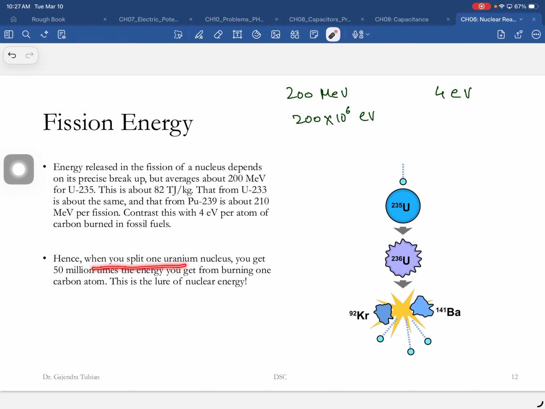That is the lure of nuclear energy. And the biggest thing is you're not releasing carbon dioxide. All right, so we'll stop.